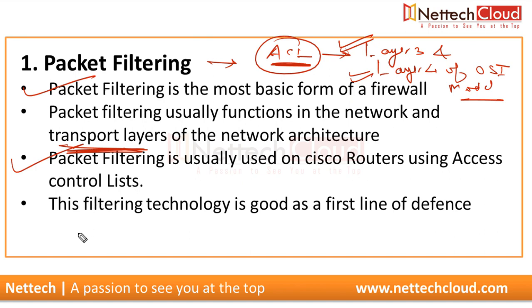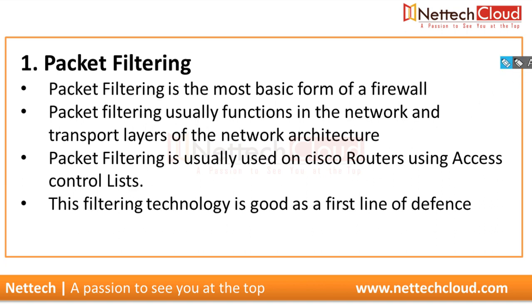This filtering technology is good as a first line of defense because there is no application-aware inspection, no application intelligence, no knowledge of application, because data is not inspected up to layer 7 of the OSI model, only layer 3 and layer 4. So even if we allow port 80, all HTTP-based applications will be allowed, because we check only the destination port address, port 80. That is why sometimes it is also known as port and address based firewalls.